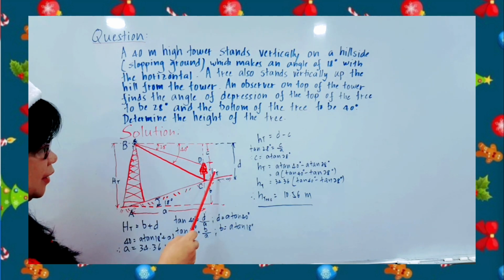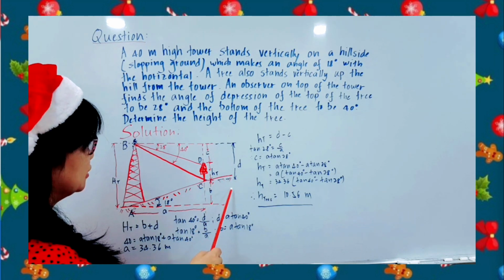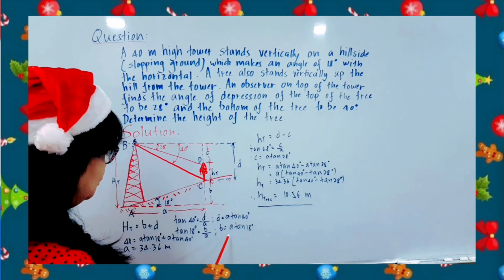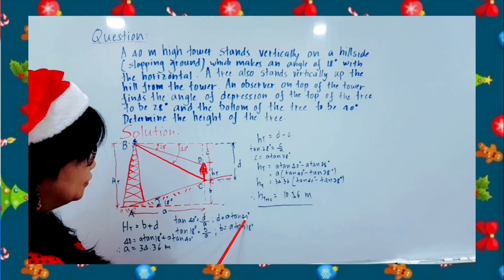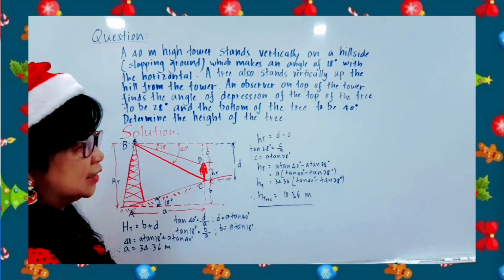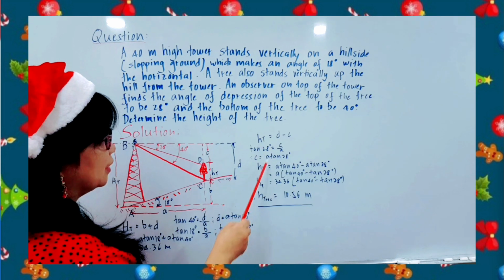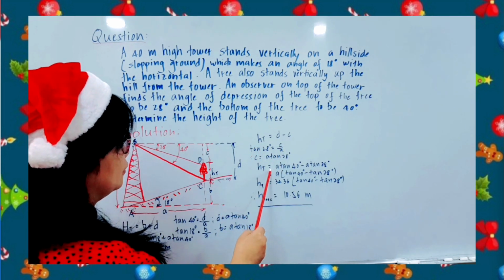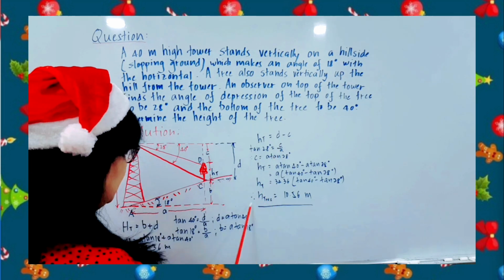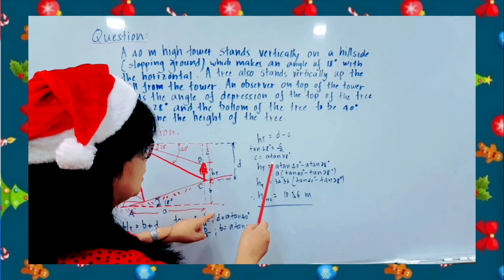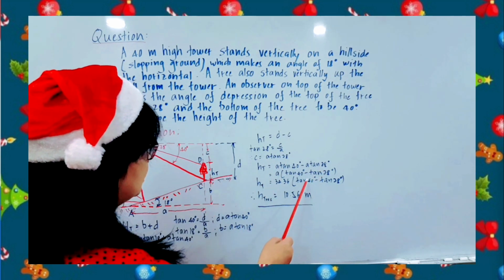Now, we can substitute these values already to this one because we have the value of D, which we solved earlier as A tangent 40 degrees, and C, which is equal to A tangent 28 degrees. Now, substituting all these values to this, the height of the tree, therefore, is equal to D, which is A tangent 40 degrees, minus the C, which is equal to A tangent 28 degrees.